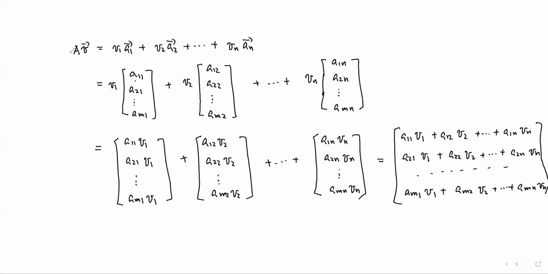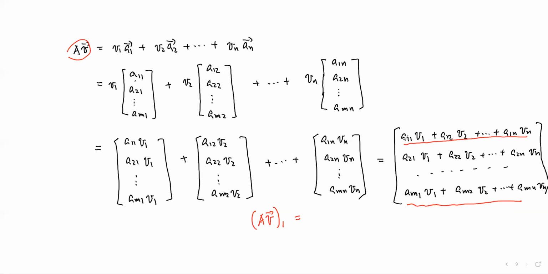In detail, A times V is a vector. Which vector? This vector. From this vector, we can see that for A times V, the first entry is this number. This number is a sum of products.